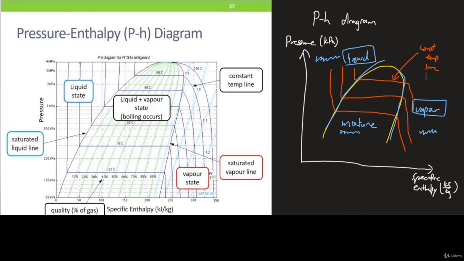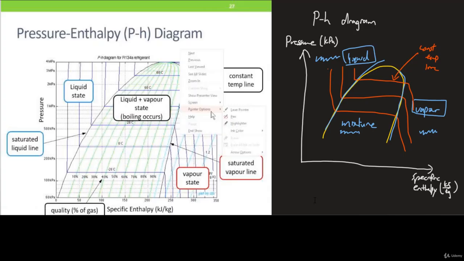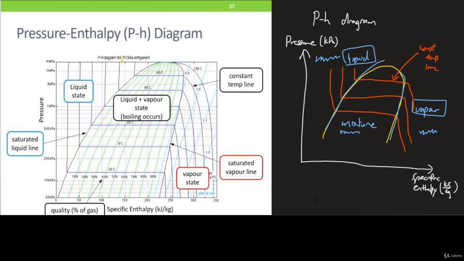Any gas will be located at a certain point inside this pH diagram. For this pH diagram, it is actually for R134A refrigerant. So this particular pH diagram can only be used for R134A.